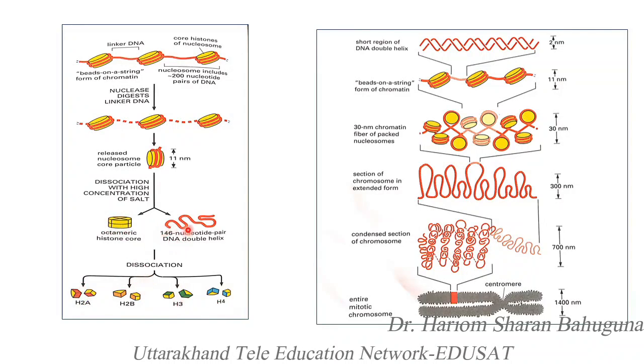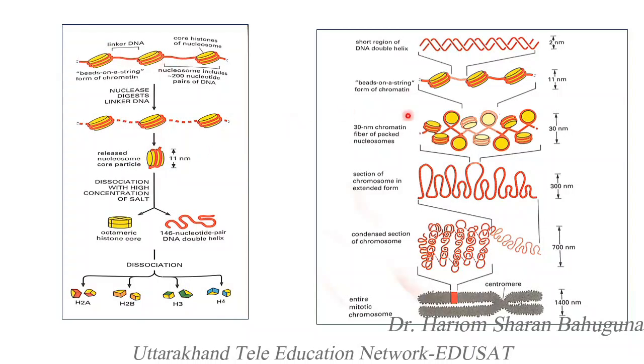And this is a 146 nucleotide pair long DNA double helix, and when it is wound around a histone octamer, it develops into an 11 nanometer nucleosome particle, and these nucleosome particles are joined together by a linker DNA.